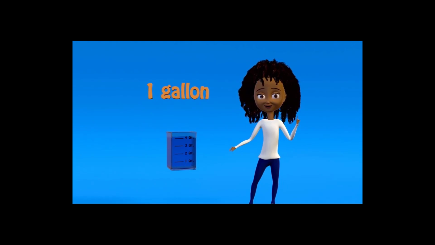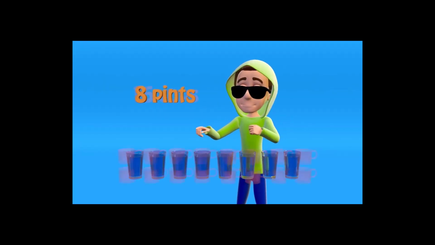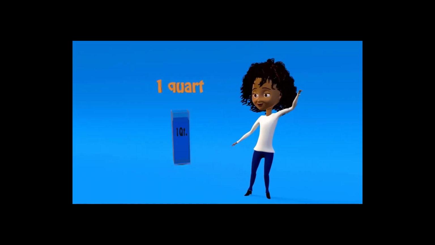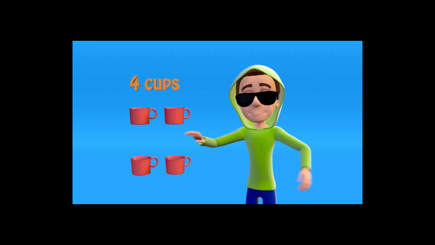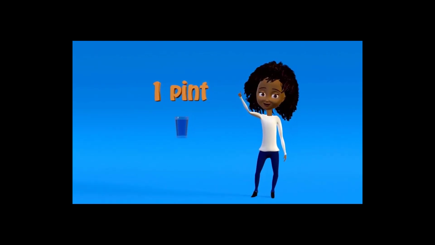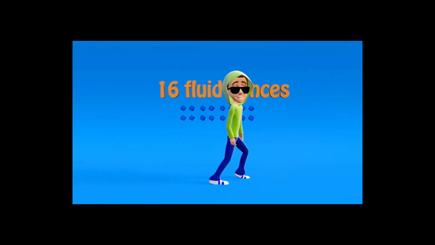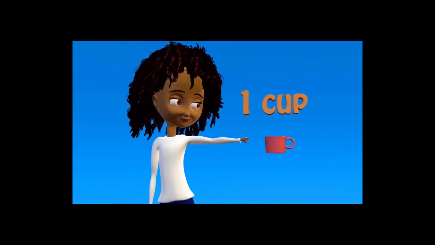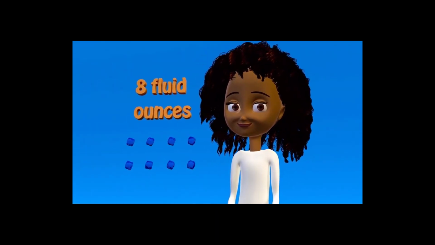And that cup will fit 8 fluid ounces inside of it. 1 gallon is 4 quarts, or 8 pints or 16 cups. 1 quart is 2 pints, or 4 cups or 32 fluid ounces. 1 pint is 2 cups, or 16 fluid ounces. 1 cup is 8 fluid ounces.